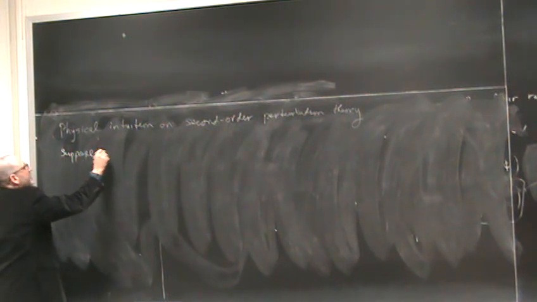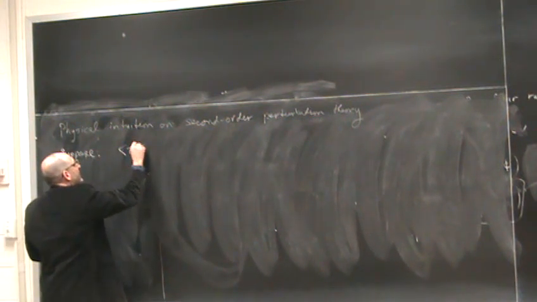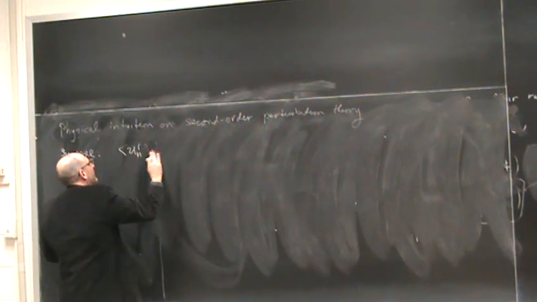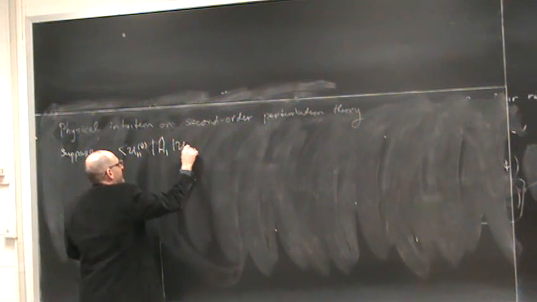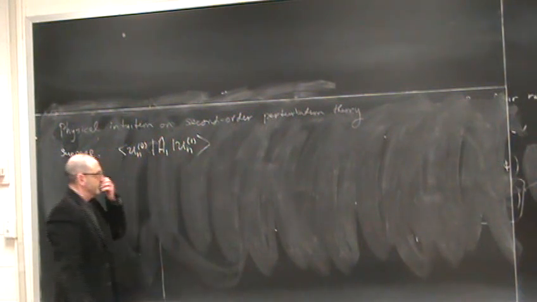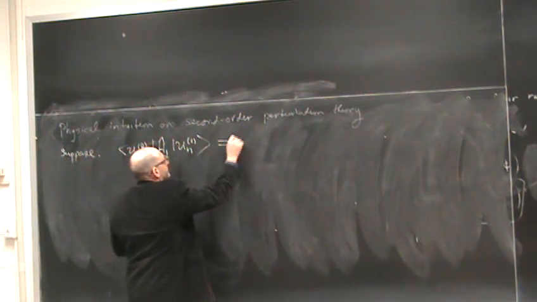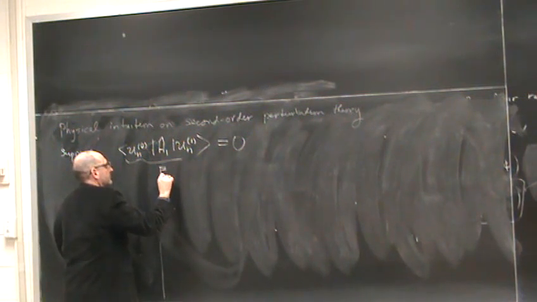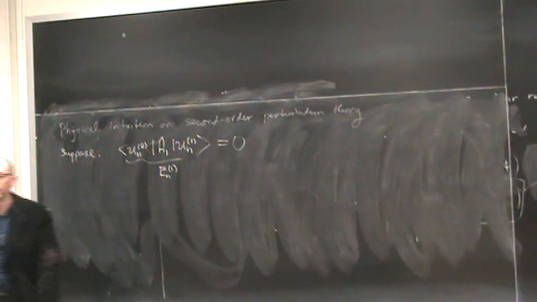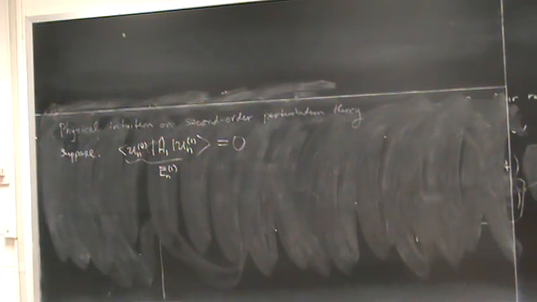Let's just suppose that for some state the first order energy vanishes. So this is the first order correction to the energy shift. Okay, let's just suppose that were true.